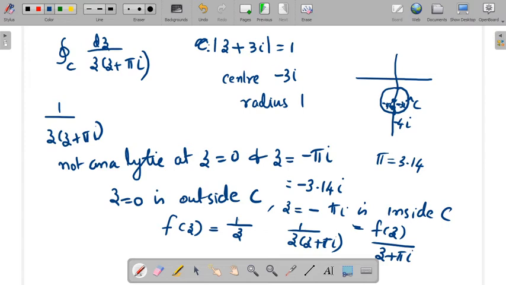And this 1 by z is not analytic at 0, but 0 is outside C. So you can say f of z is analytic within C.